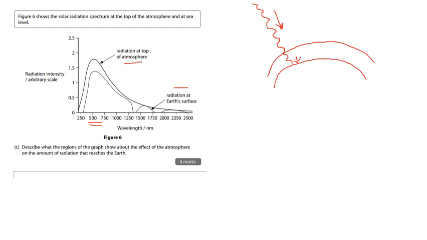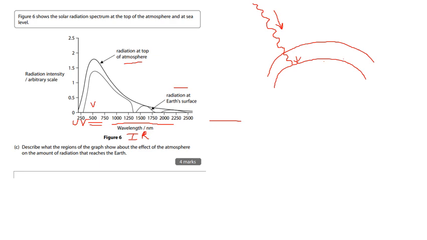Wavelengths less than visible on this graph, that's ultraviolet. Then bigger than visible, all of this lot here is infrared. We don't actually get to microwaves on this graph. Microwaves are over here somewhere.